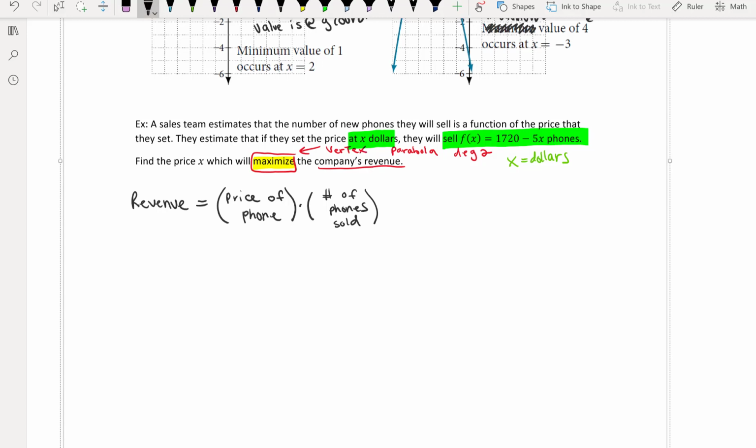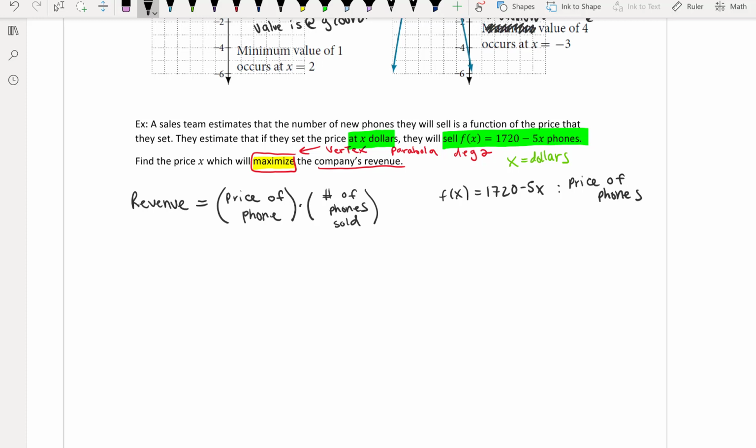Then we have our function: f of x is equal to 1720 minus 5x. And that tells us the price of the phones.